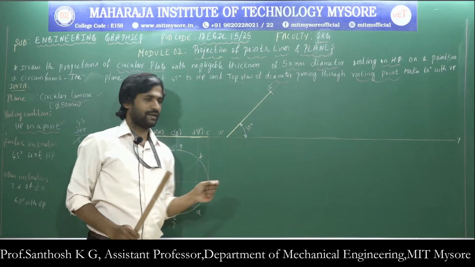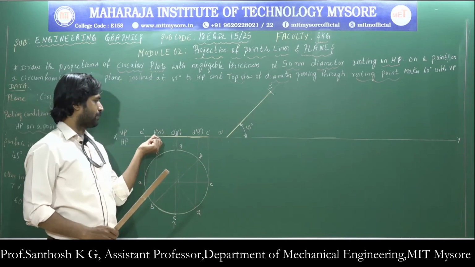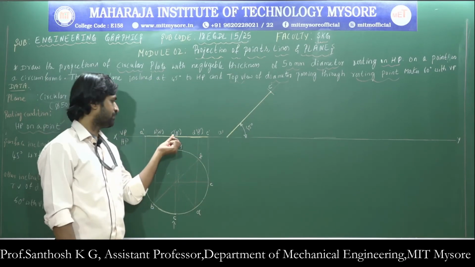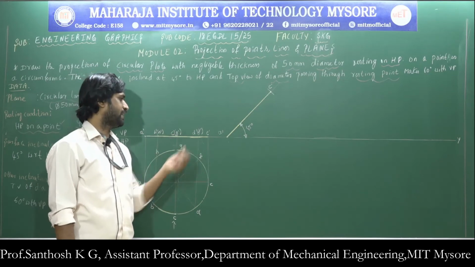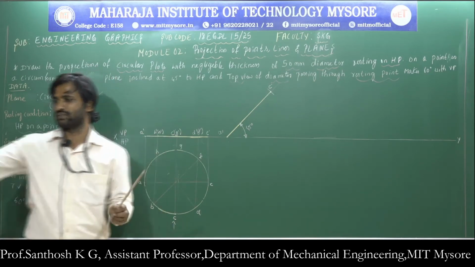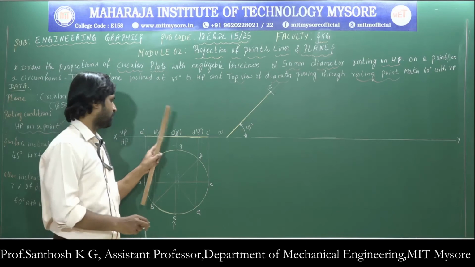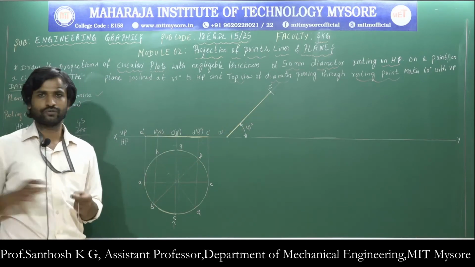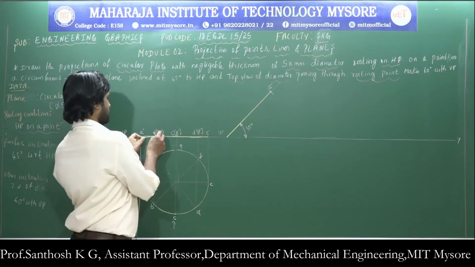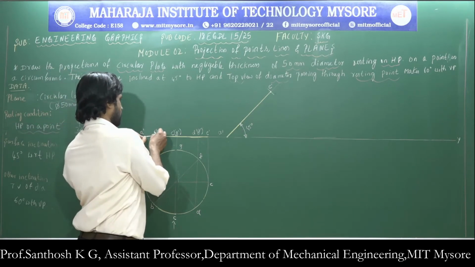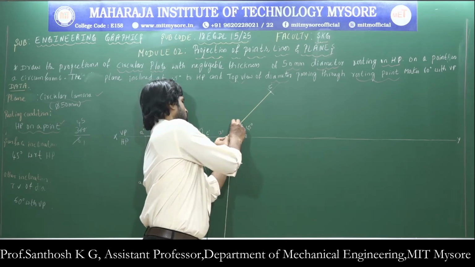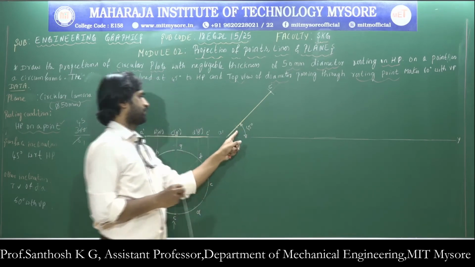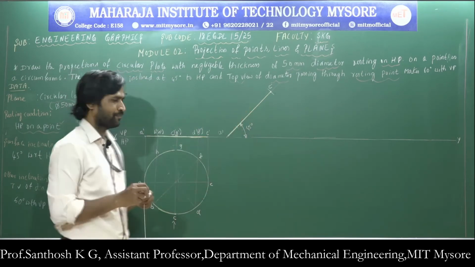Now, on this line I am going to reproduce the points B dash of H dash, C dash of G dash and D dash of F dash. To reproduce these points on the front view, again I will make use of the compass. I will measure the distance of B dash H dash from A and mark an arc on this line.